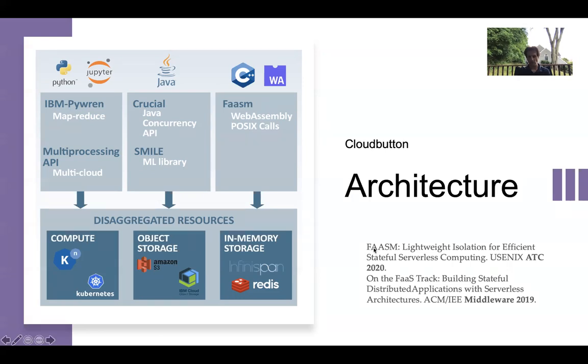One from Imperial College, FAASM, Lightweight Isolation for Efficient Stateful Serverless Computing, USENIX ATC 2020. And we have another from URV and IMT, Serverless on the fast track, building stateful distributed applications with serverless architectures. That is this work on Crucial, published last year at the Middleware 2019 conference.